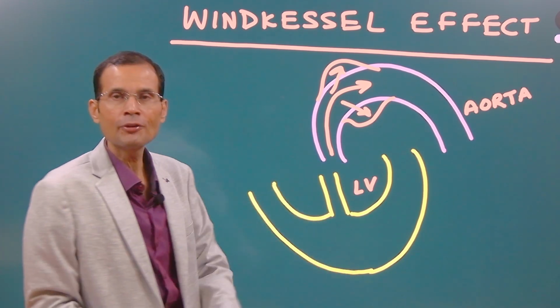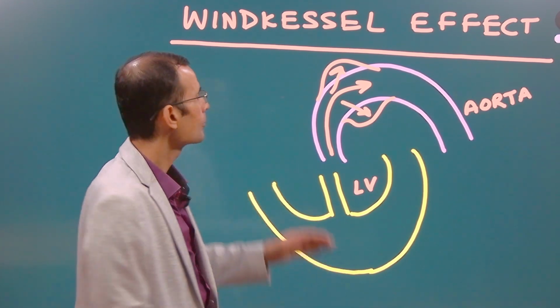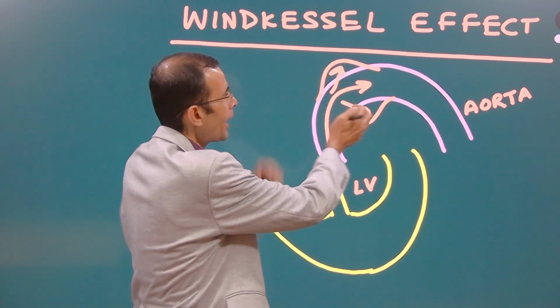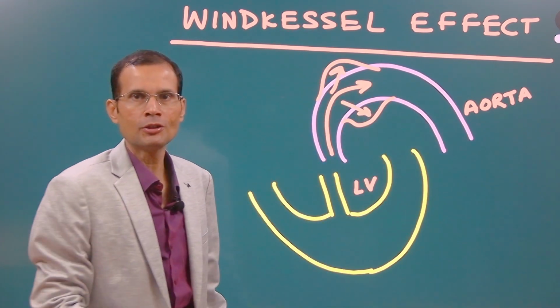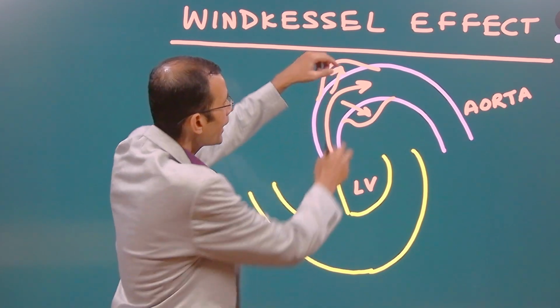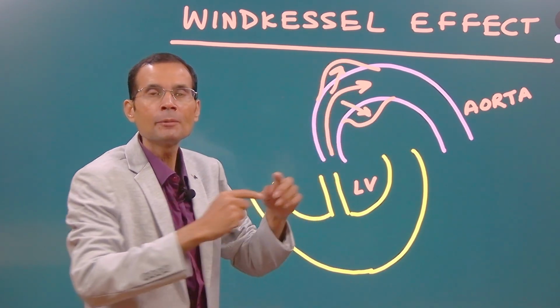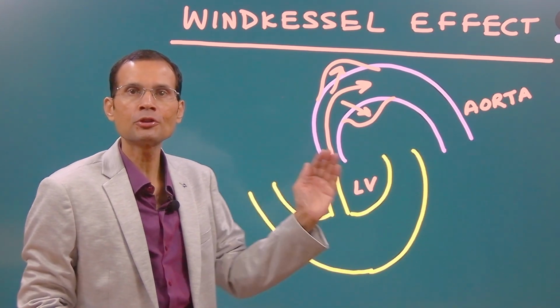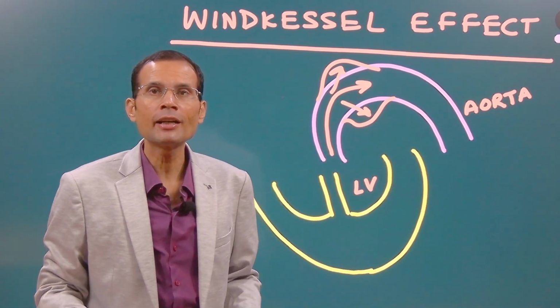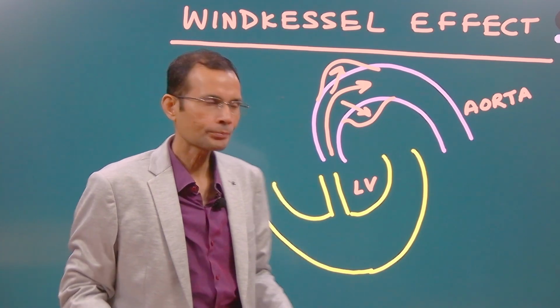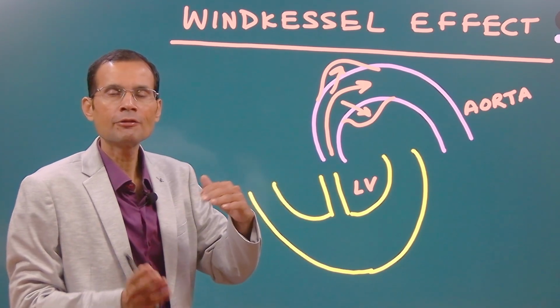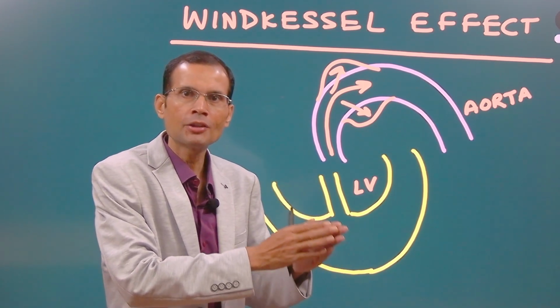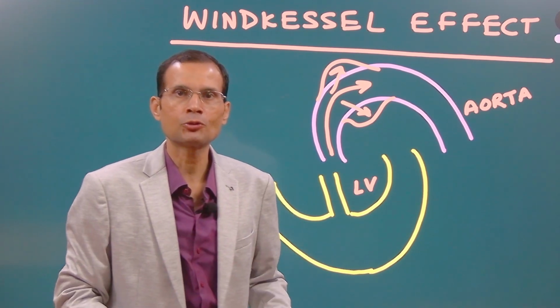And then when the left ventricle goes in diastole, the aorta will recoil back and push this blood forward. The potential energy in this blood will be converted into kinetic energy, and the blood will be pushed forward. That is how blood circulates through the vascular tree. So one part during systole, the other part during diastole.